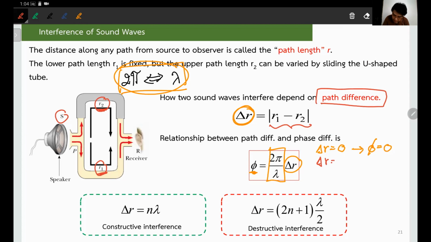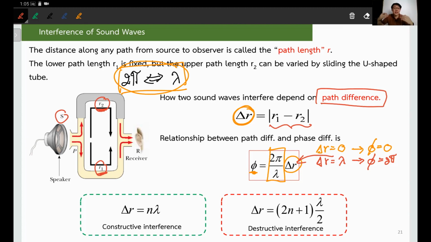Try again. If the delta R is one wavelength, perfect. So that is exactly one full cycle. So what are you gonna get for the phi? You plug in the lambda into here, lambda cancels, you get 2 pi. And that makes sense because when the distances are separated by one perfect wavelength, the phases are separated by one perfect cycle, and that is a 2 pi difference in phase.